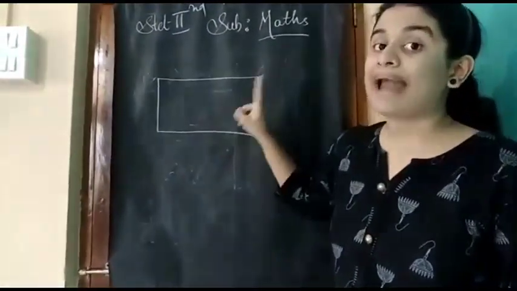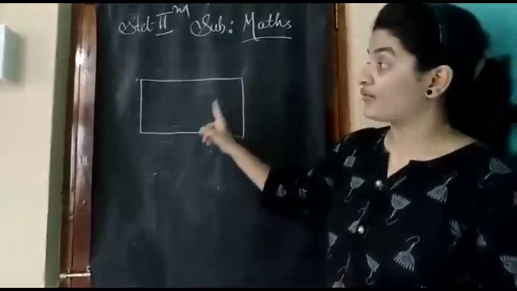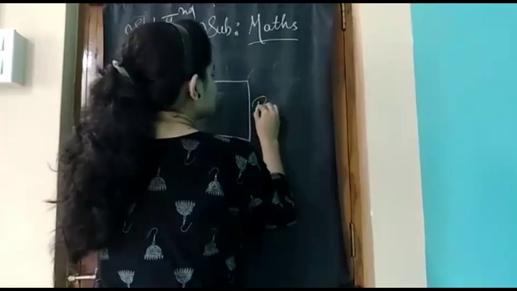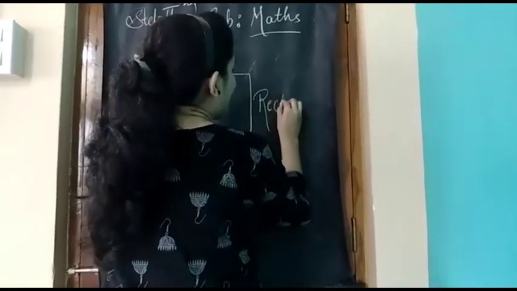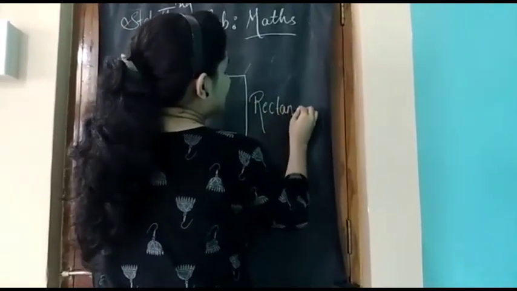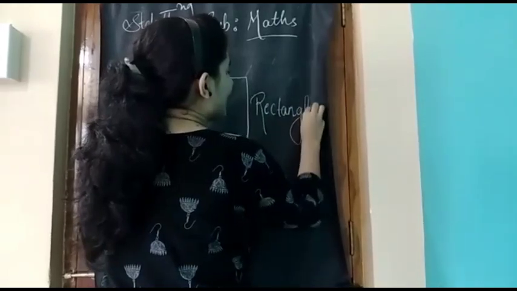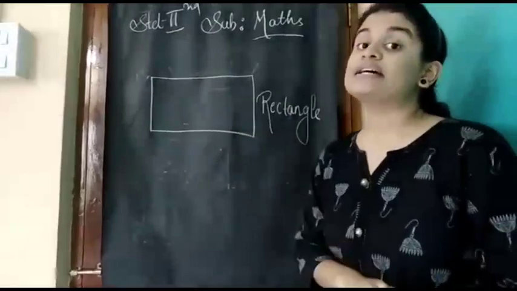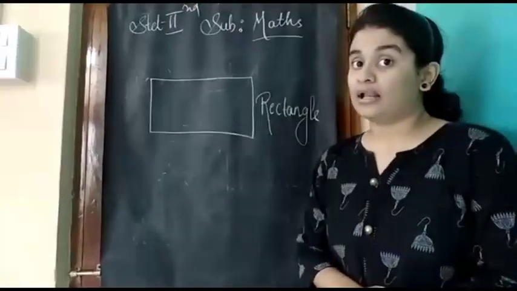Students, this shape that you're seeing on the blackboard is known as rectangle. We will write here its spelling. RECTANGLE. The figure that you're seeing on the blackboard is known as rectangle.